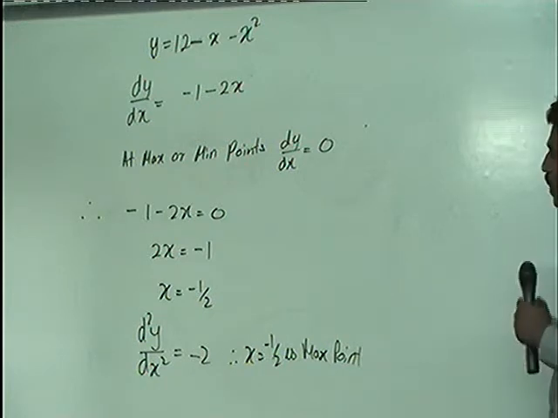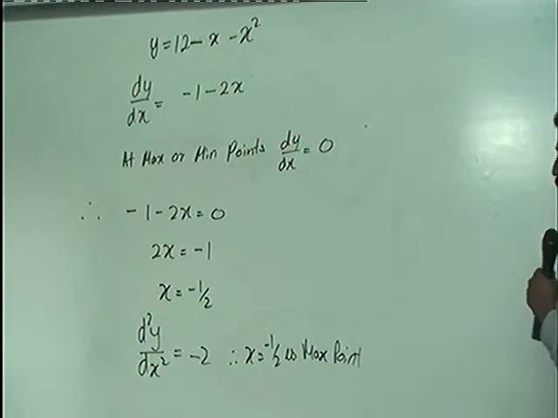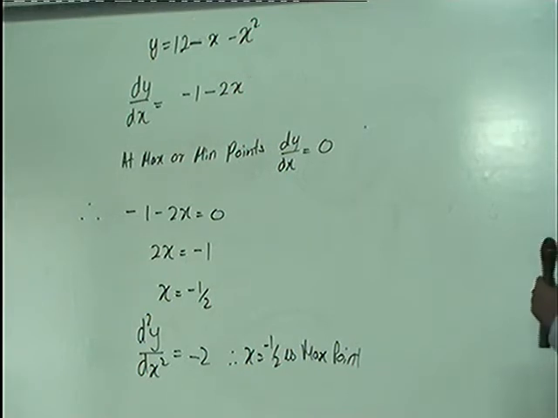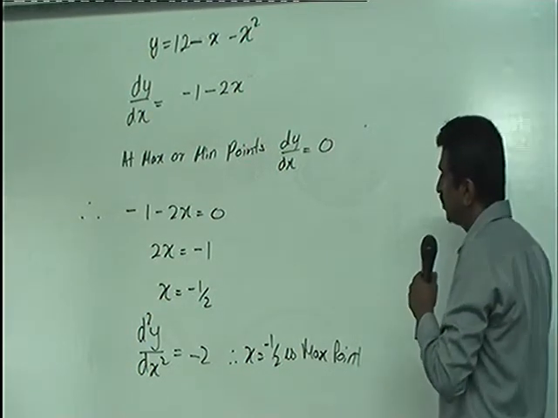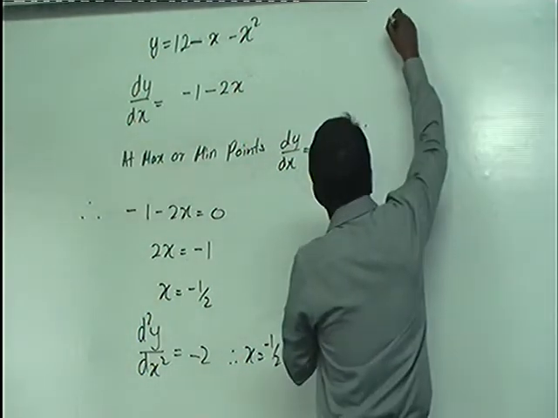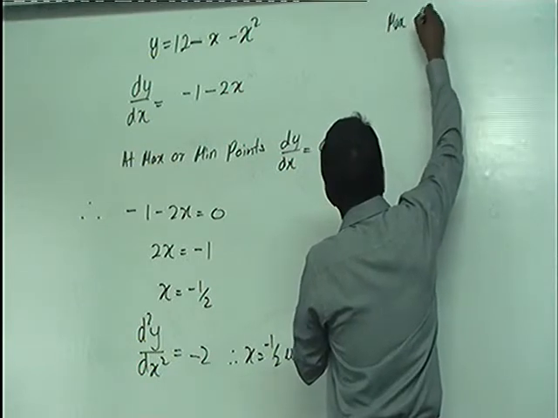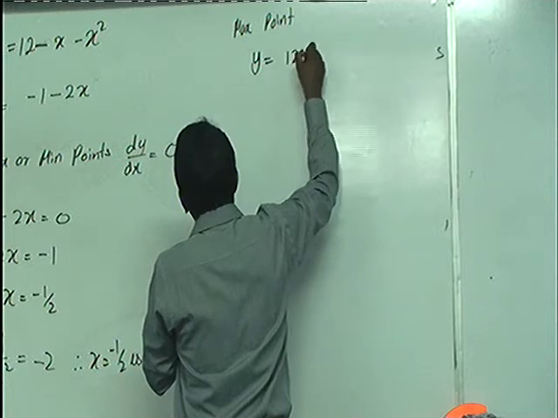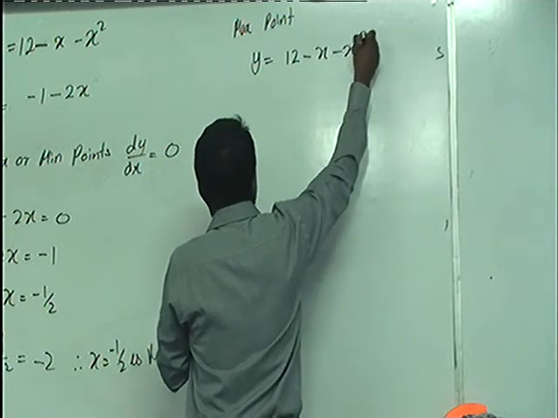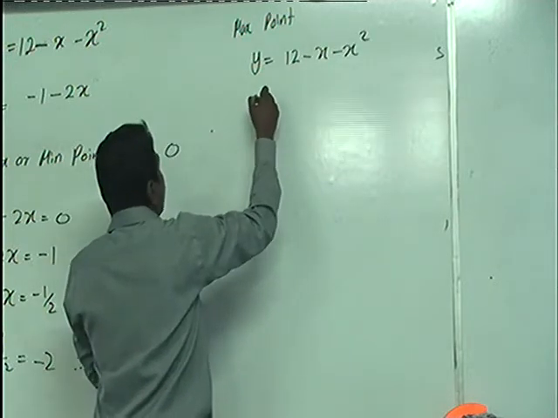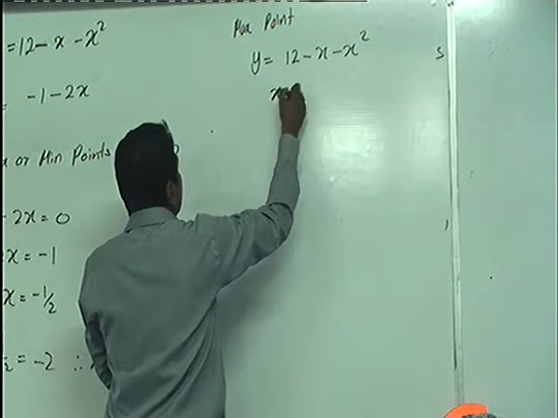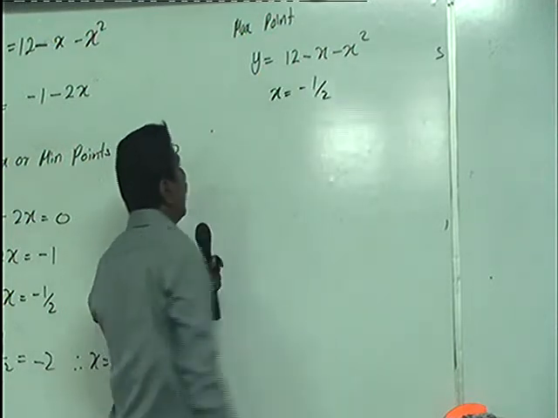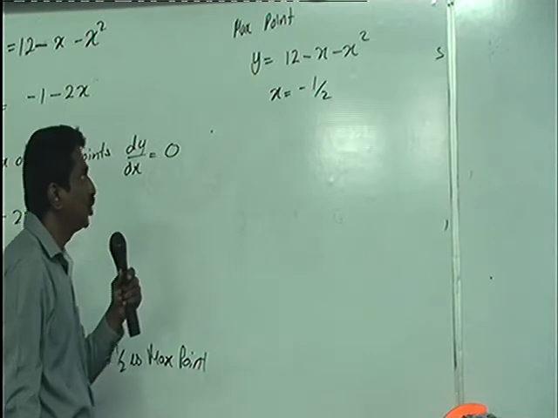Now I will draw the curve. What is the maximum point? y is equal to 12 minus x minus x squared. When x equals minus half, substitute.